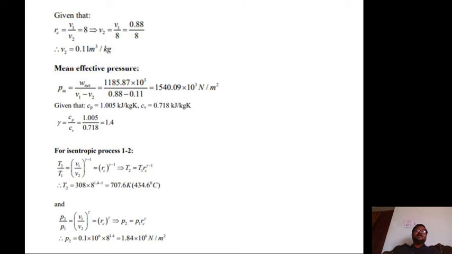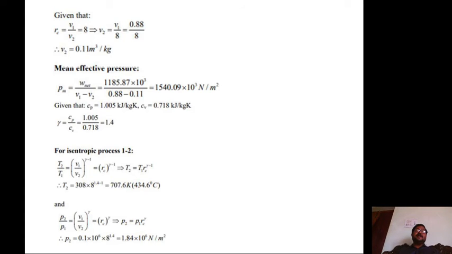Given that Cp value is 1.005 and Cv value is 0.718, gamma is equal to Cp by Cv, 1.4. Isentropic process 1 to 2: T2 by T1 is equal to V1 by V2 raised to the power of gamma minus 1. V1 by V2 is nothing but the compression ratio rc, raised to gamma minus 1. T2 is equal to T1 into rc to the gamma minus 1.